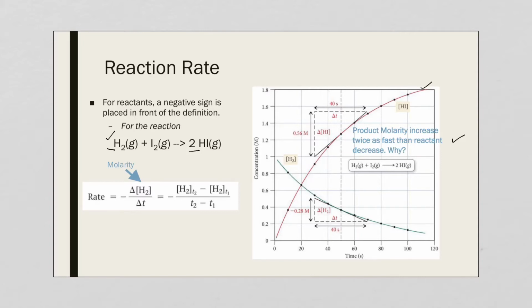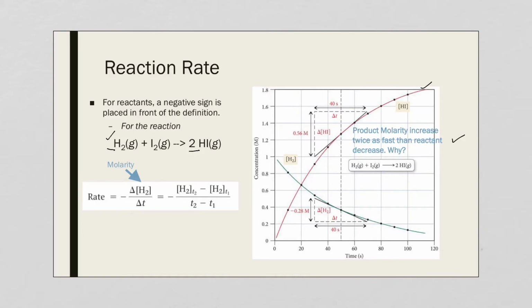Now, how do we look at the rate? As I said, we're typically going to express the rate of a chemical reaction as the change, remember our delta sign means change in, in the concentration of some material over some change in time. A couple things I'll point out here. This example uses hydrogen.